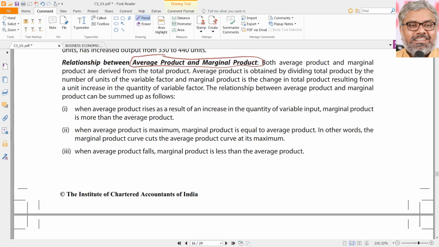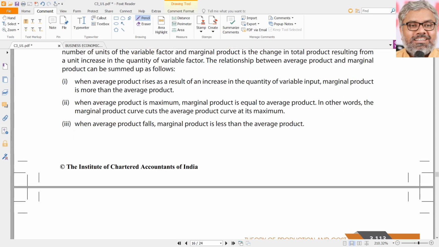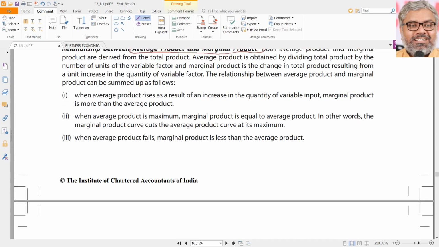Average product is obtained by dividing the total product by the number of units of variable factor. Marginal product is nothing but the change in total product resulting from a one unit increase in the quantity of variable factor. But what is the relationship between average product and marginal product? Very important aspect. We should understand and remember these things also.